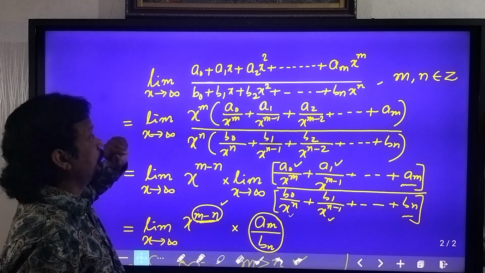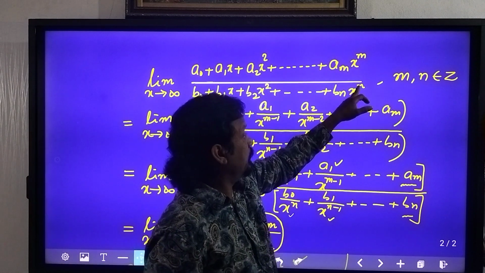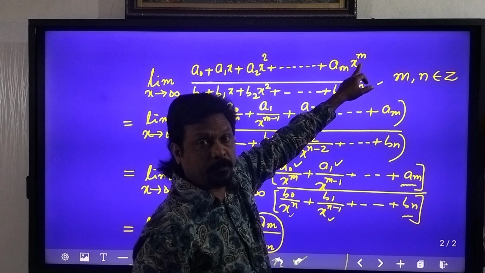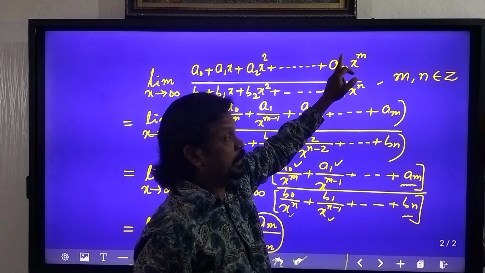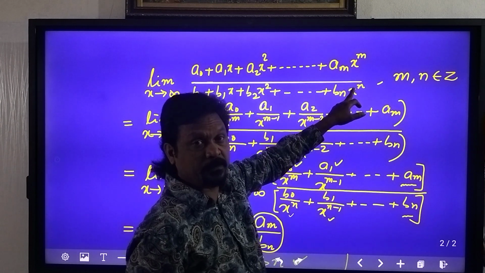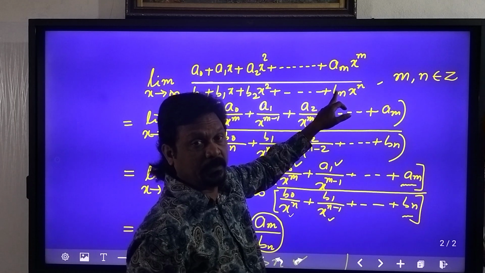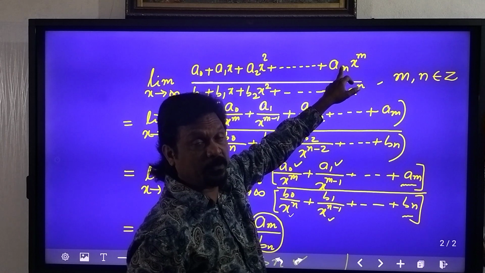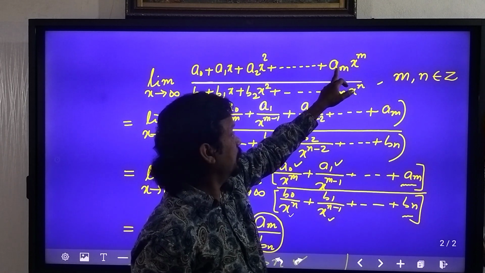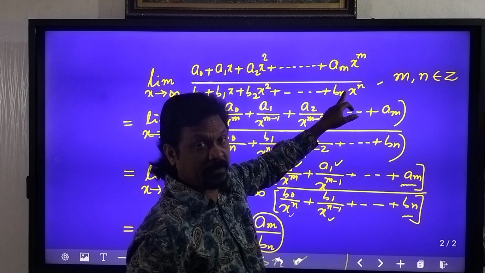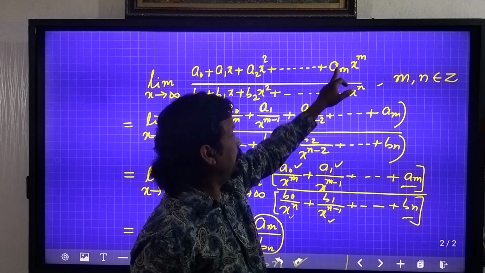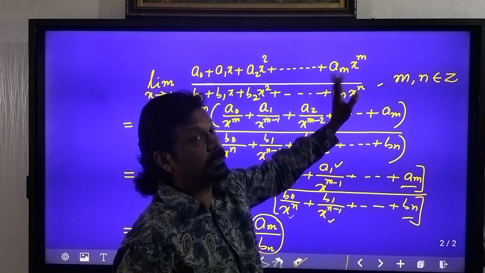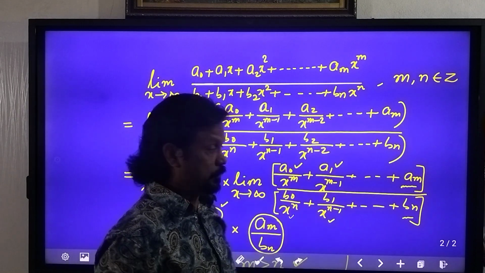If m is equal to n, both degrees are the same, so the answer is the coefficient of the highest power of x in the numerator divided by the coefficient of the highest power of x in the denominator. Here am is the coefficient of the highest power of x in the numerator, and bn is that in the denominator, so the answer will be am by bn. Clear? And if the degree of the denominator is more, then the answer will become 0.